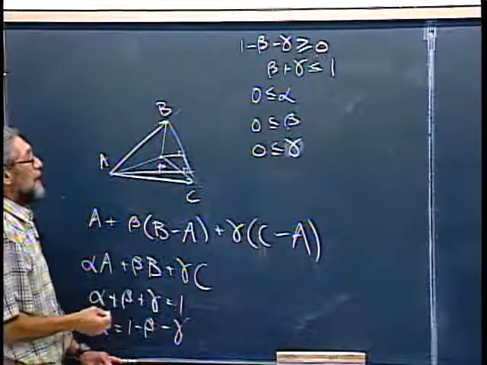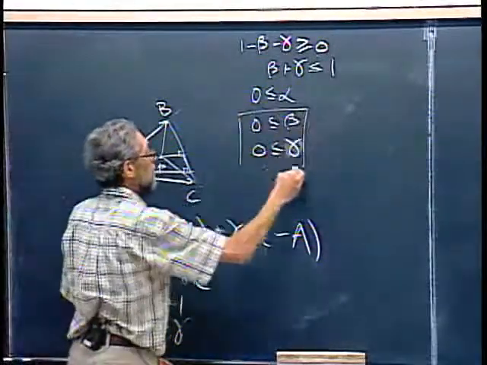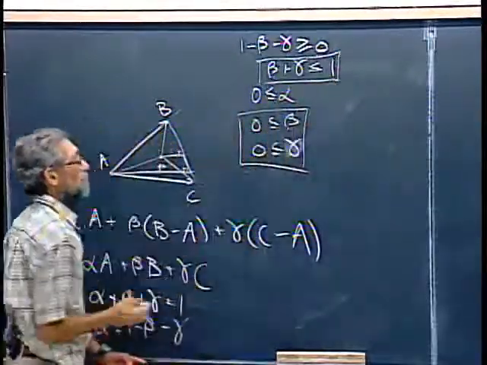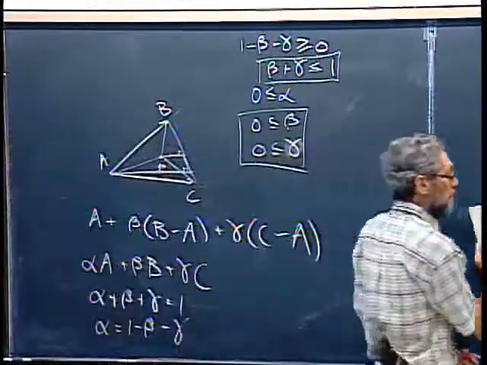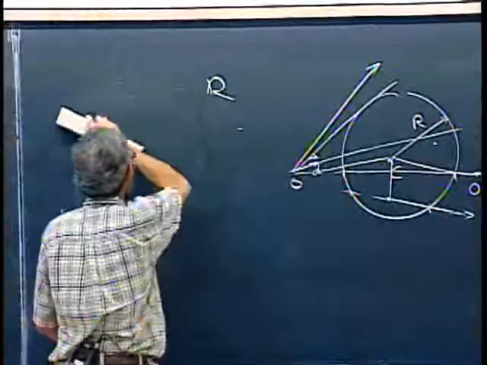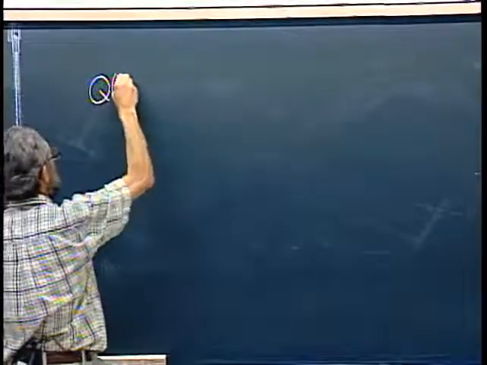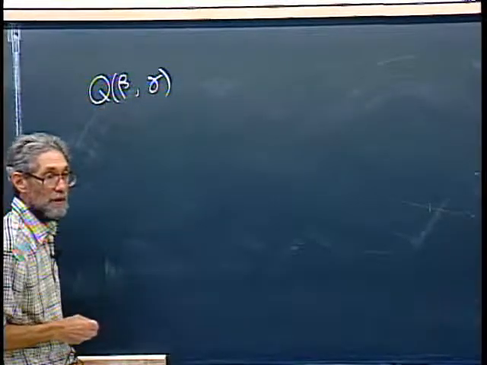So in terms of beta and gamma only, in terms of this representation, we have these three conditions. Beta and gamma are non-negative, and they add up to some number less than 1. So now we can intersect a ray with a parametrized surface instead. So basically, we have some surface, why don't I call it Q of beta and gamma, which is a parametrized surface.